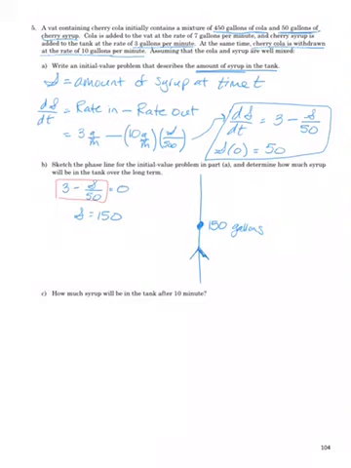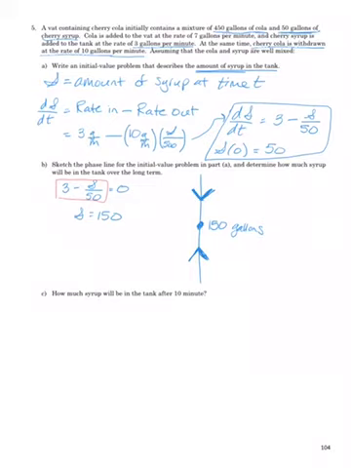And then if I put in a number larger than 150, like 200, I would have 200 over 50, which is 4, and 3 minus 4 is -1. So my slope is negative if S is bigger than 150, which means that S is decreasing. So I put a down arrow. So this is my phase line. How much syrup will be in the tank over the long term? That's 150 gallons, because no matter what my initial condition is, my solution is going to approach 150 gallons, according to the phase line.